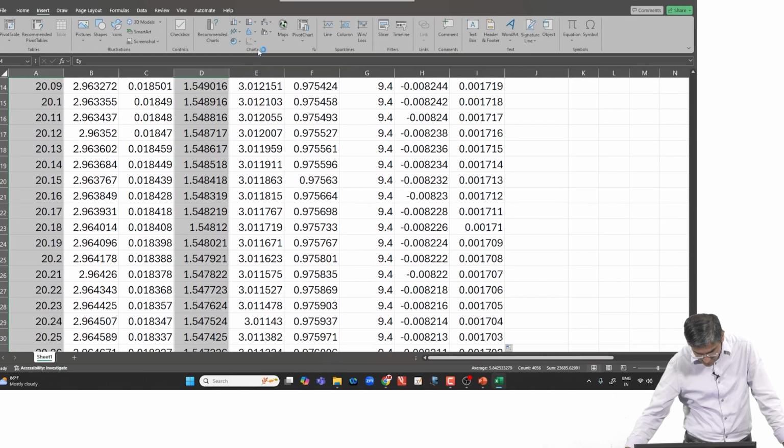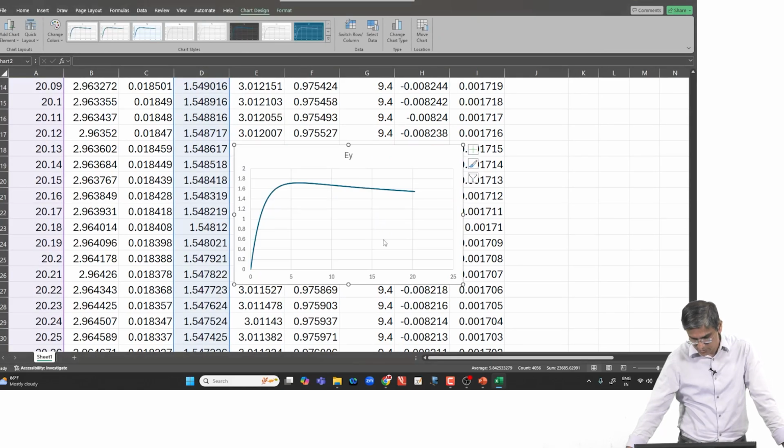Insert charts, scatter plot. This is how ethylene changes with time. It has a maximum somewhere around the 5 hour, or 5 minute, I don't know, mark.